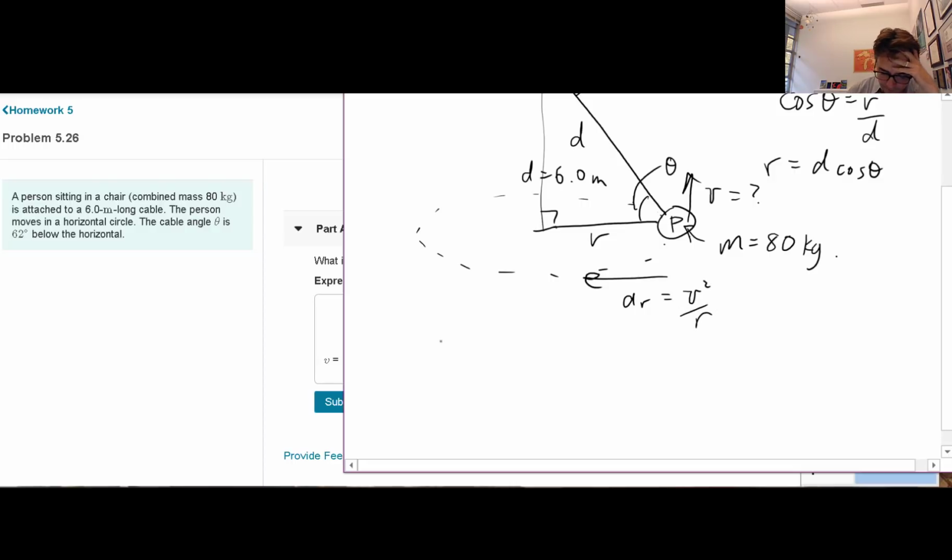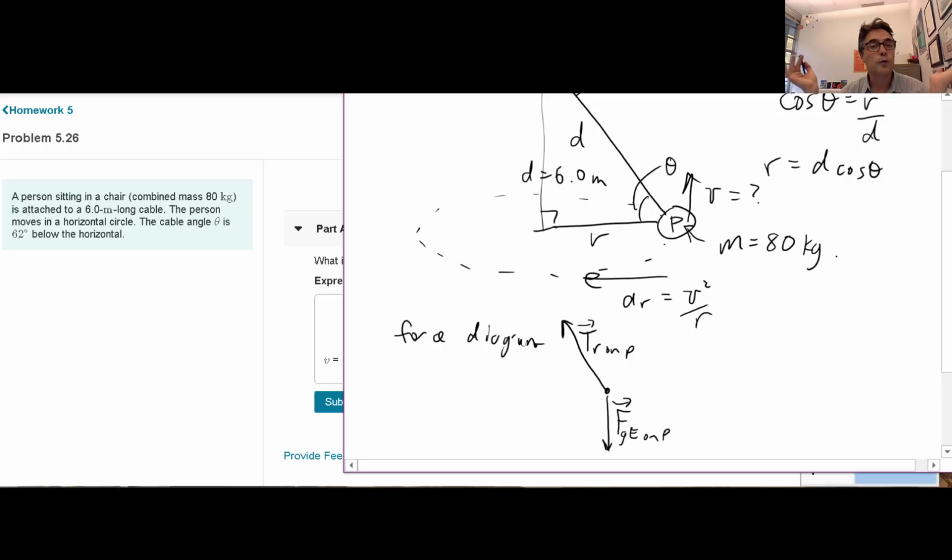Okay, and the force diagram is that we've got this force pulling up, the tension of the rope on the person, and we've got this mg, force of gravity of the earth on the person. Those are the only forces on this object.